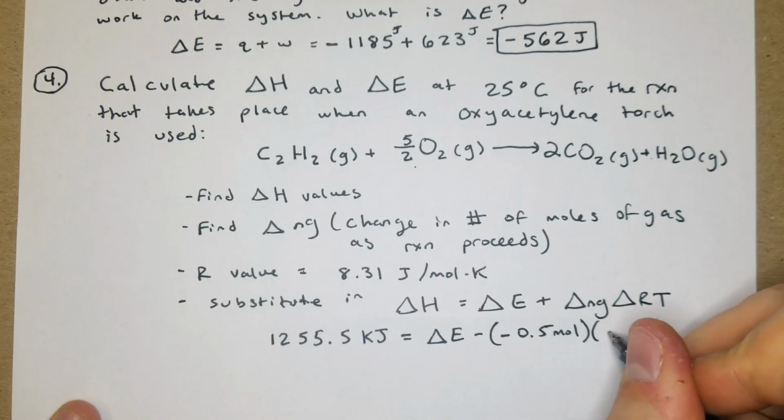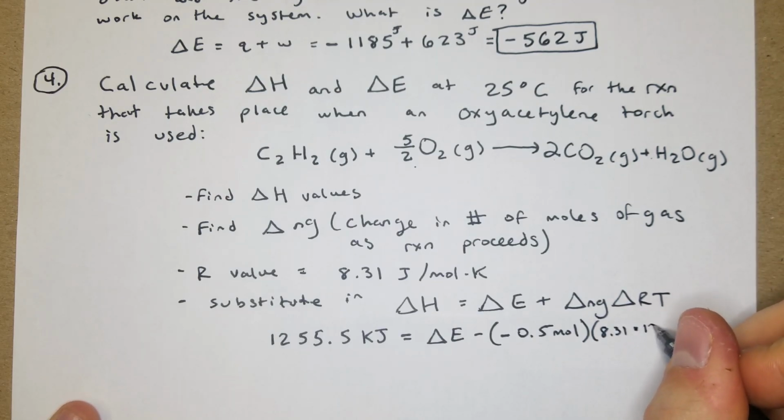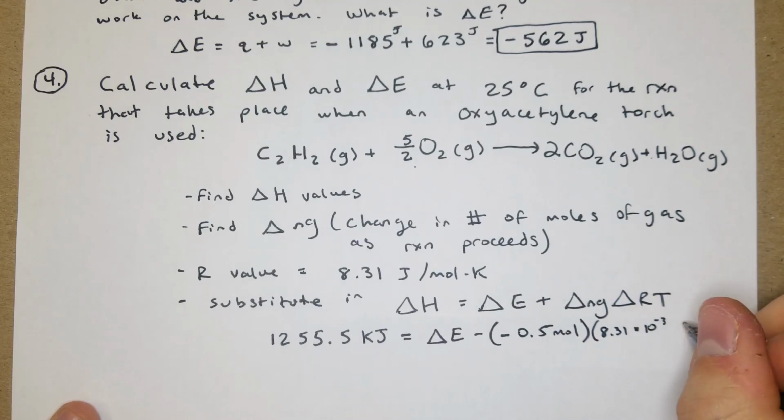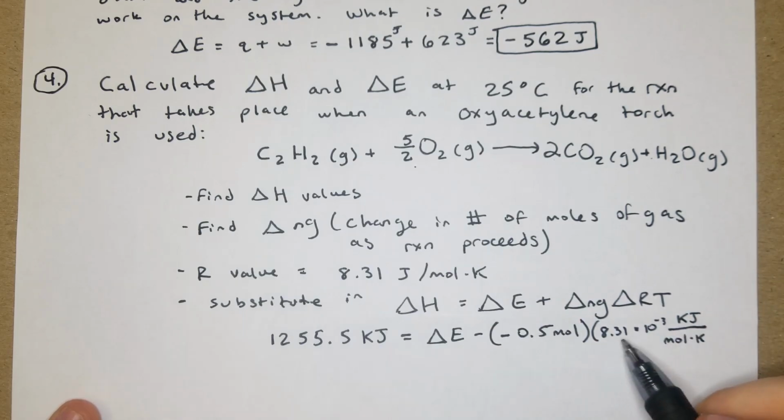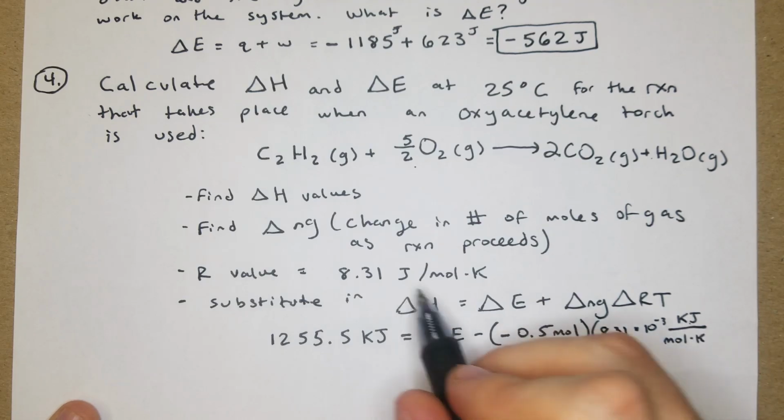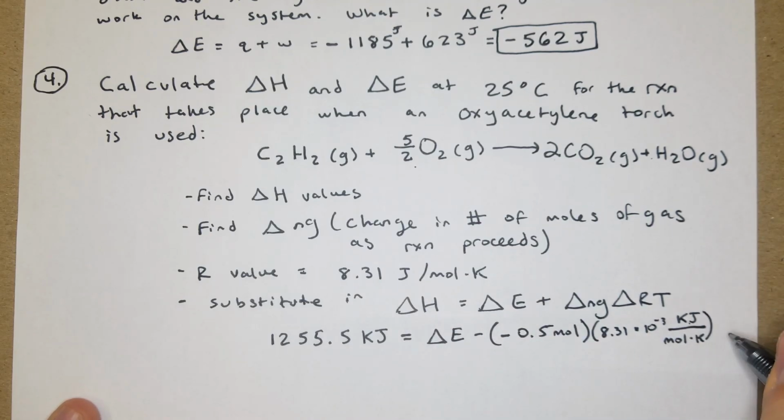And then we have our R value, 8.31 times 10 to the negative 3 kilojoules over moles times Kelvin, because we converted it to kilojoules instead of joules so that it would be consistent across. Then we have our T, which we're given up here as 25, so 25 plus 273 is 298 Kelvin. Now we can just solve across.